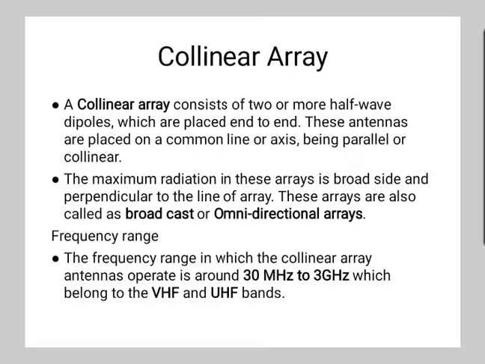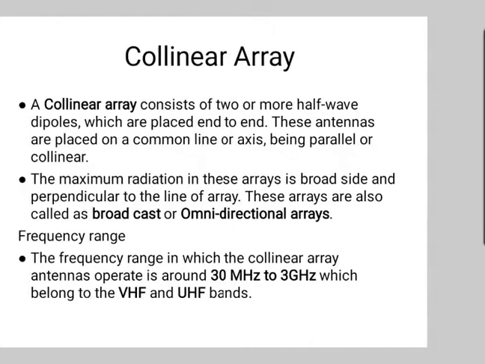The maximum radiation in this array is broadside and perpendicular to the line of the array. These arrays are also called broadcast or omnidirectional arrays. The frequency range in which this collinear array antenna operates is around 30 MHz to 3 GHz, which belongs to the VHF and UHF bands.